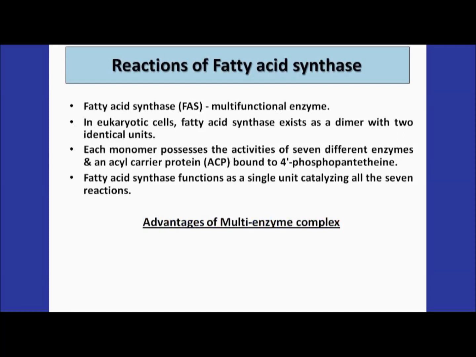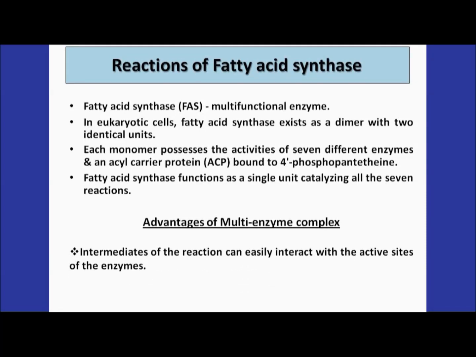Now what is the advantage of this multi-enzyme complex? As I already told you, there are 7 enzymes clustered together in the dimer. The first advantage is that the intermediates formed during the synthesis of the fatty acid can easily interact with one another, and with the active sites of the enzymes, to make the process faster.